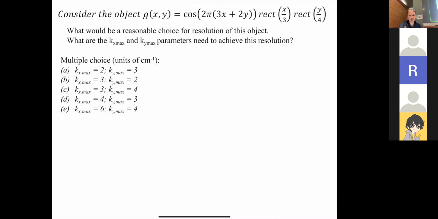We have the same object. So go ahead and think about what would be a reasonable choice for the resolution of this object, and what are the kx max and ky max parameters you need to achieve this resolution, given this object.